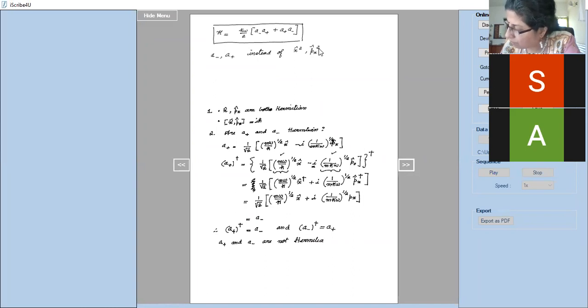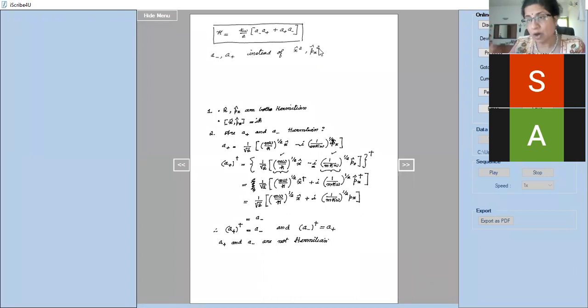I want to emphasize this point. Not every operator is Hermitian. Not even the most useful operators are Hermitian. All you have to remember is that operators linked to real physical dynamical variables like position, momentum, energy, angular momentum are Hermitian.